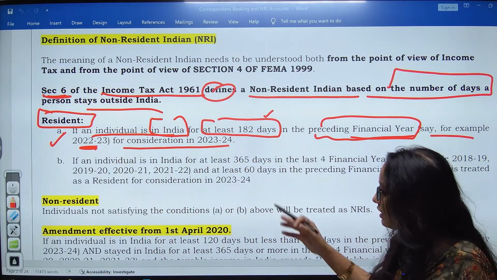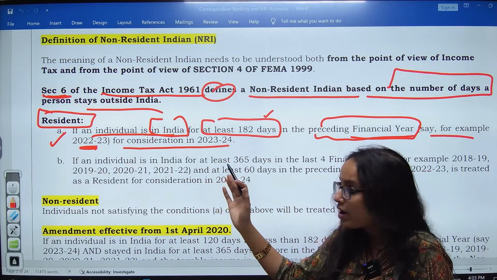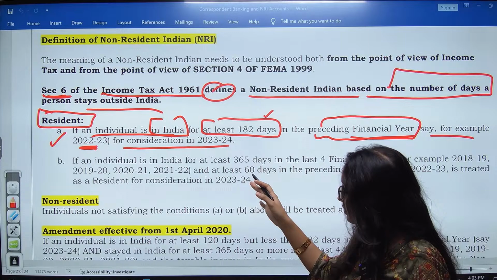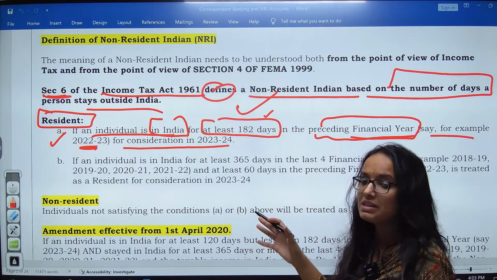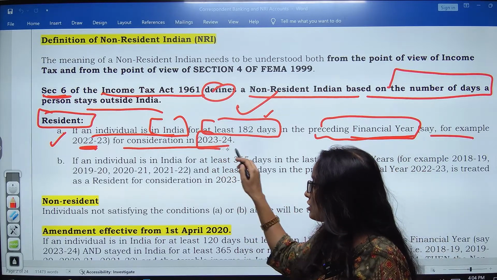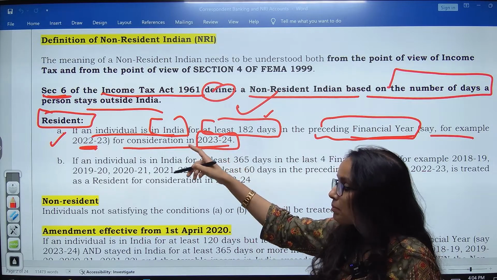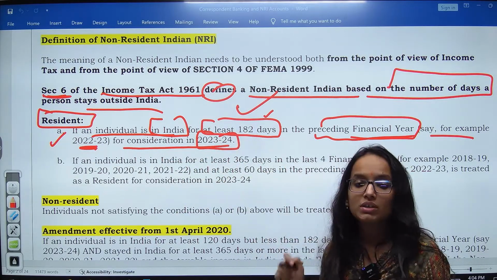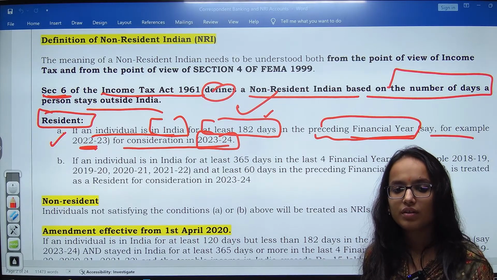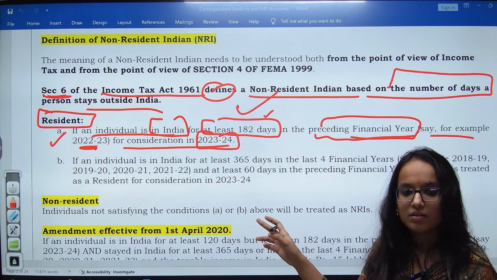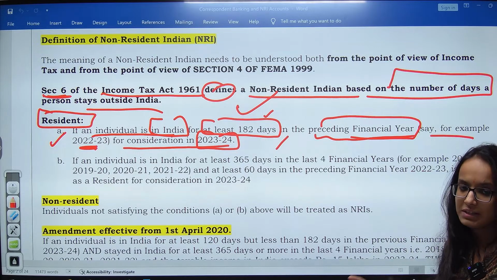So if you are considering this person for the purpose of taxation as a resident, you have to live in India at least 182 days in the preceding financial year. So if we are considering this criteria for financial year 2023-24, it will apply for the financial year 2022-23, the preceding one. Right? Okay. So this is the first criteria, at least living in India for 182 days in the preceding year.